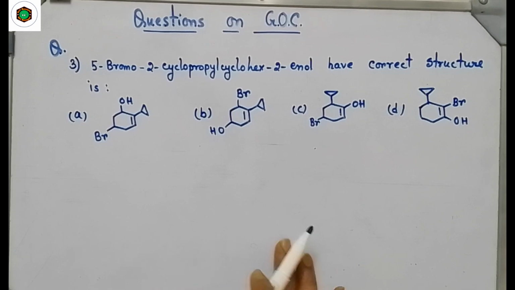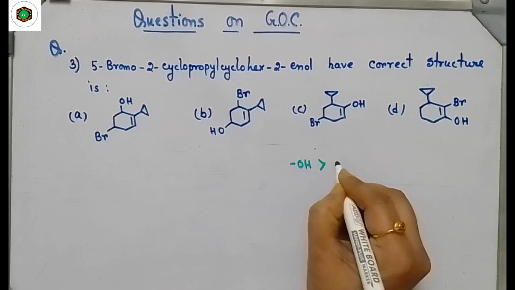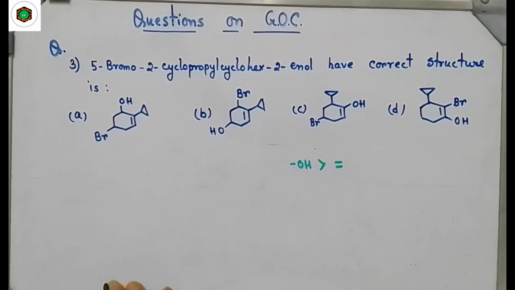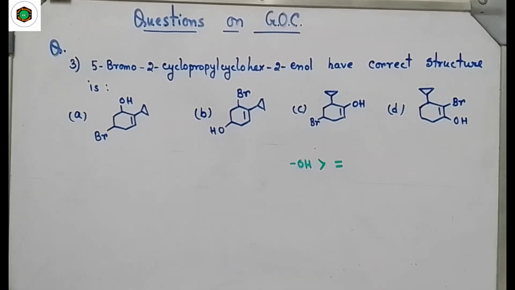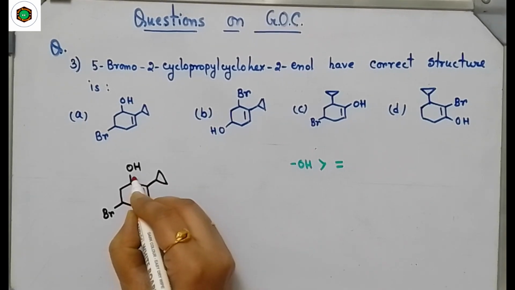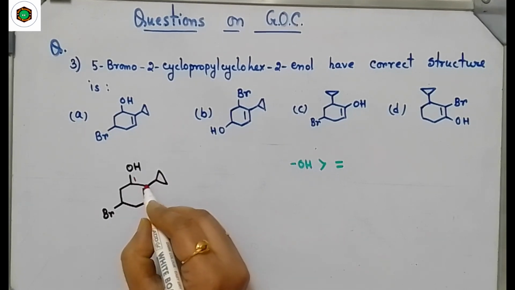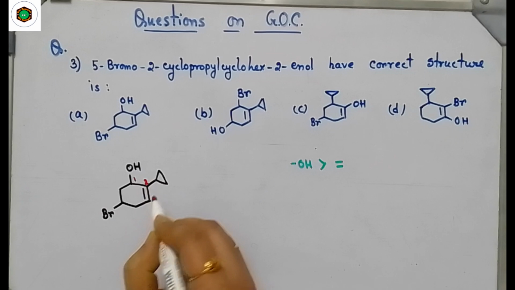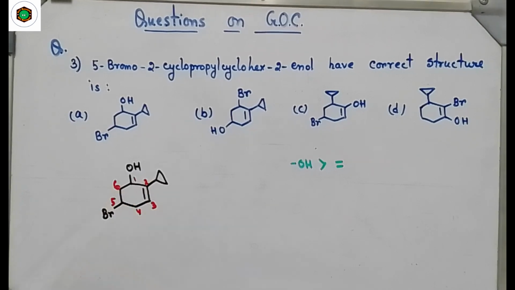And you know the priority of OH is more than alkene. So what we have to do, from this OH we have to start numbering. Then the next functional group is alkene, so it should get the next number. Then 3, then 4, then 5, then 6.